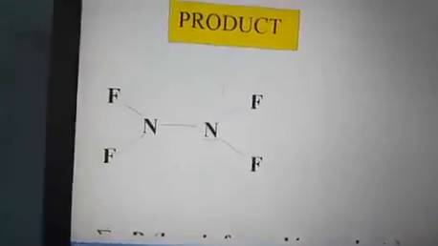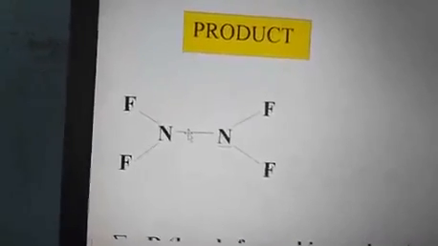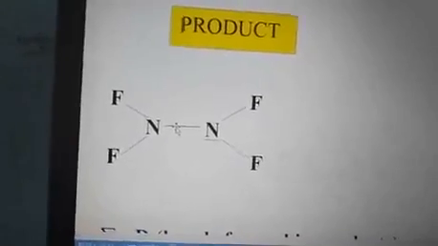Then going to the products. The product is the tetrafluorohydrazine. You can see the structure there. In that tetrafluorohydrazine, we still have only one nitrogen to nitrogen single bond.